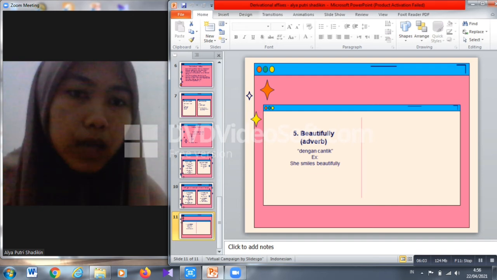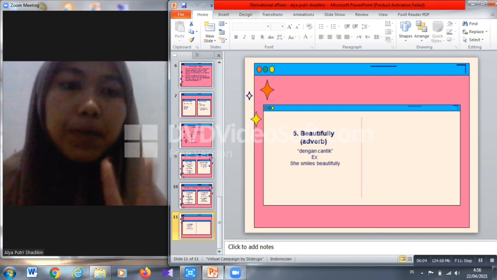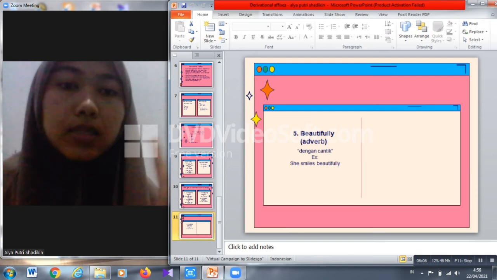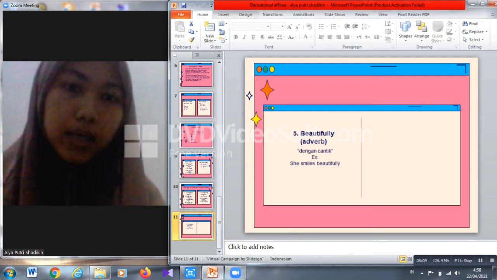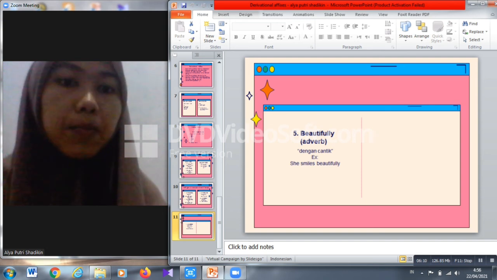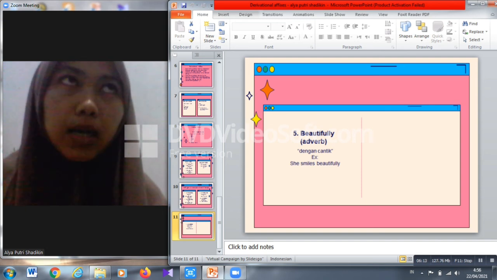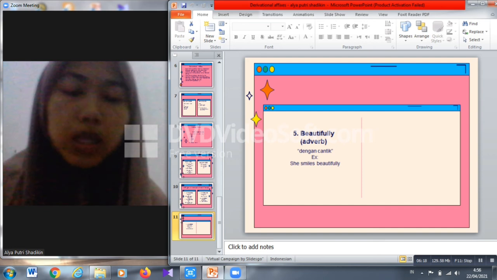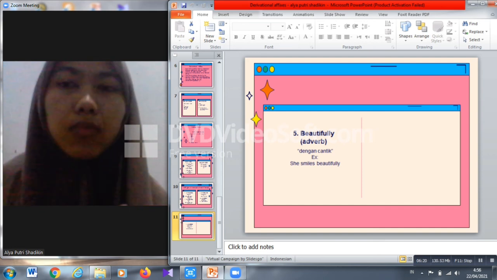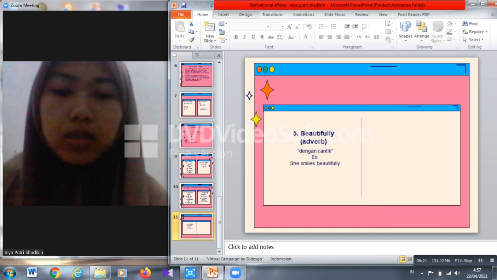Beautiful plus ly becomes beautifully. She smiles beautifully. It can be changed into a different meaning from the original word.